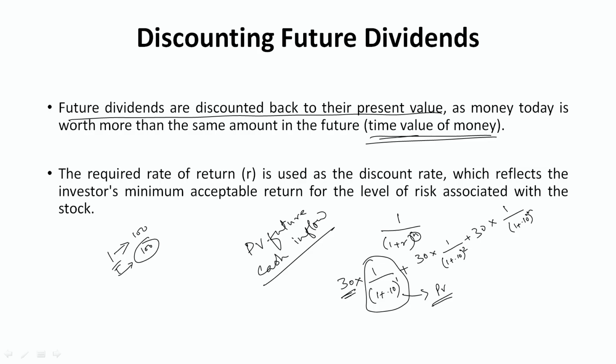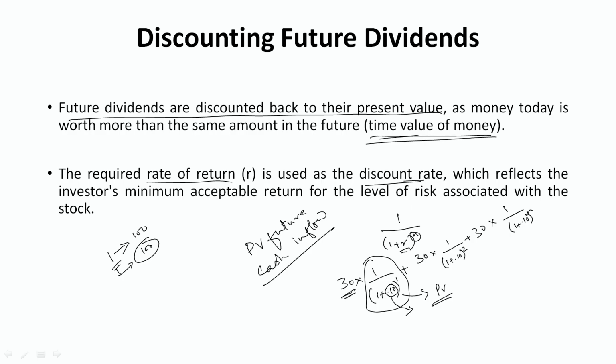So in order to calculate this, you require a particular rate of return, which is called R. So this rate of return is required. This is considered to be the discounting rate. This is normally market driven.